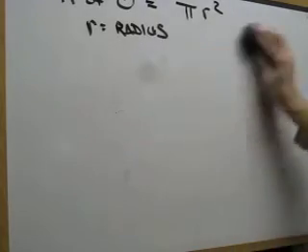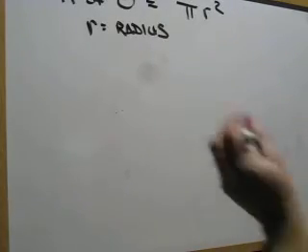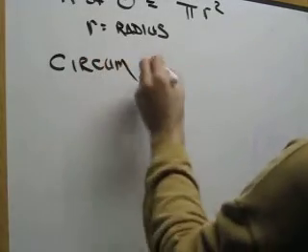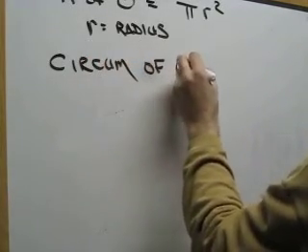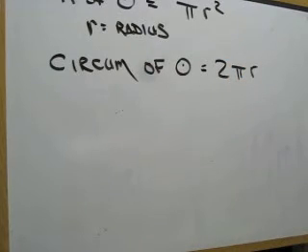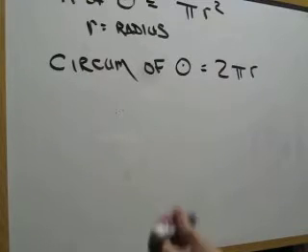The other part we have for a circle is called the circumference. Just going to write circum of a circle, and that formula is 2 pi r. Circumference means the distance around.